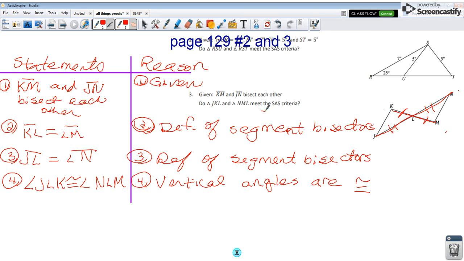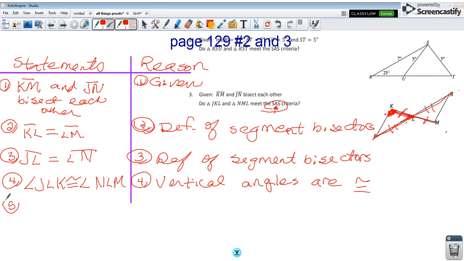Because we're trying to prove side angle side, and if you do JKL, then you're talking about this angle, which does not help support side angle side. That would be JLK. Yes, it matters because the angle has to be included. See that A in between the 2 S's? It has to be in between the 2 S's.